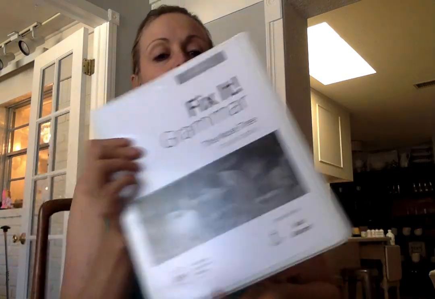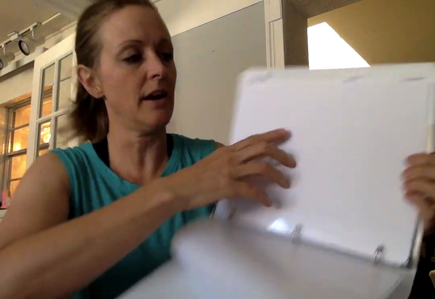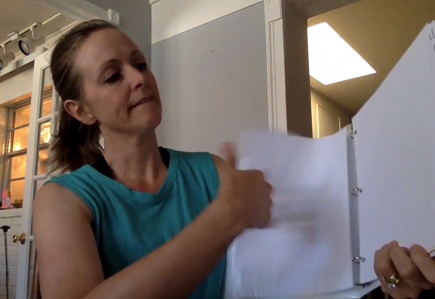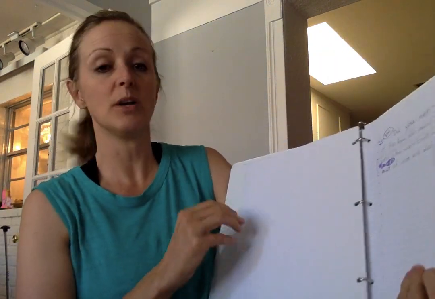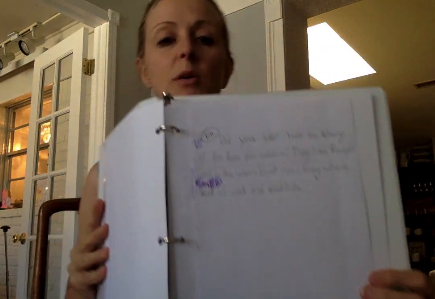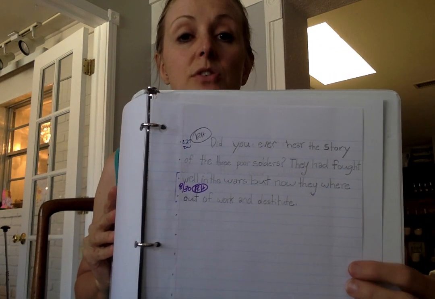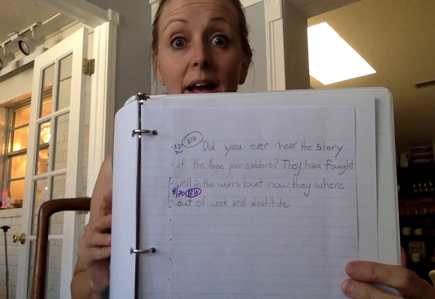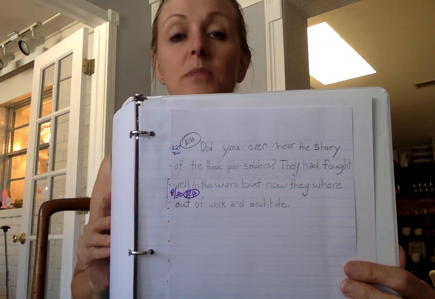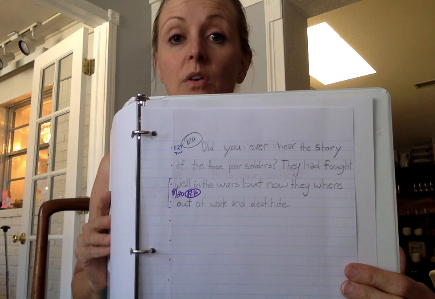You'll open up the binder to the second tab, which is the rewrite tab. You should have some notebook paper in there. You can put some notebook paper in. And what you're going to do is have your student rewrite the sentences from day 1 and day 2 correctly.